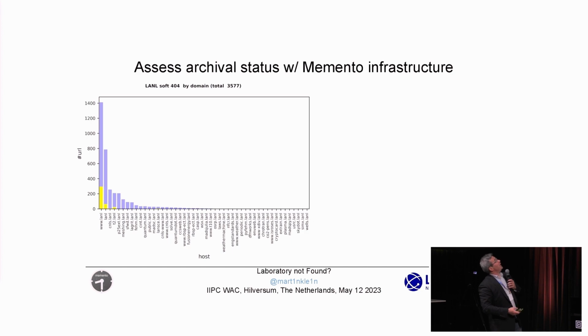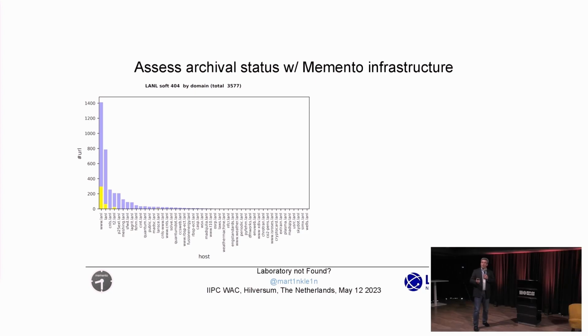And the yellow fraction of the corresponding bars represents the number of URIs of pages that we were able to recover from the web archive infrastructure. So from anywhere in the world, we found good copies of a number of those initial pages.